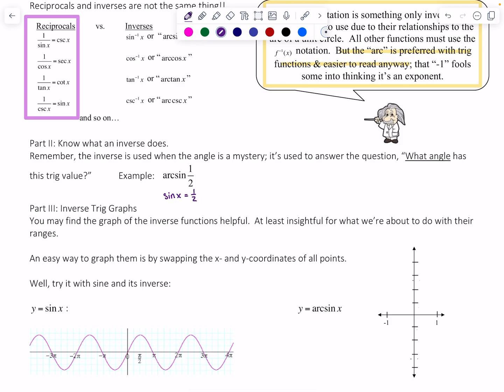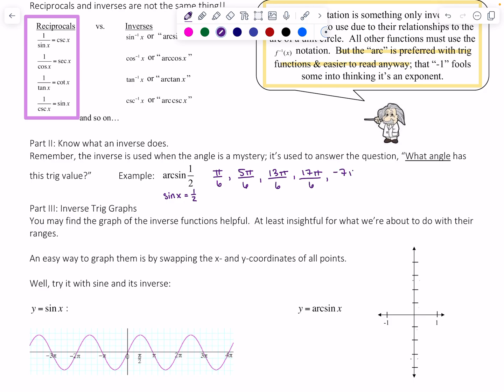And we have gone over this. We know that that could be pi over 6. It could be 5 pi over 6. It could be 13 pi over 6. It could be 17 pi over 6.